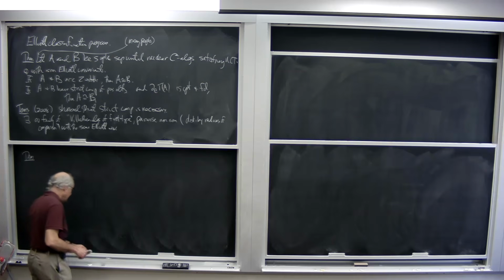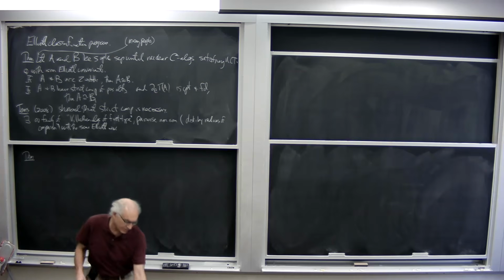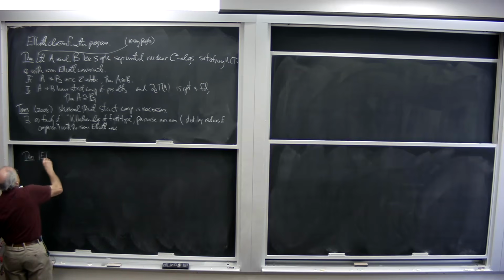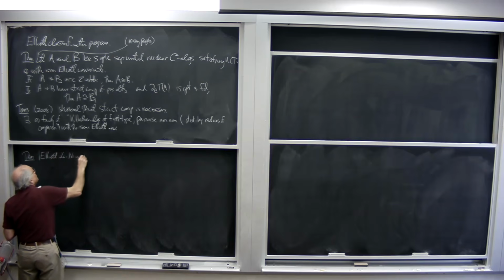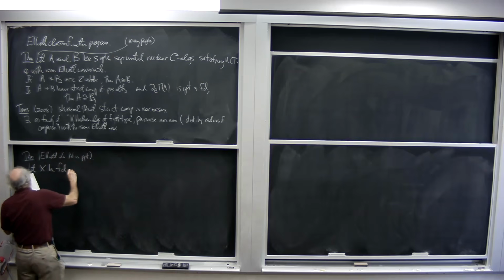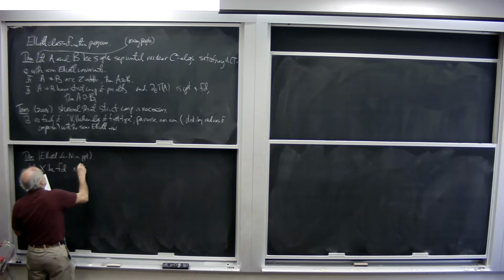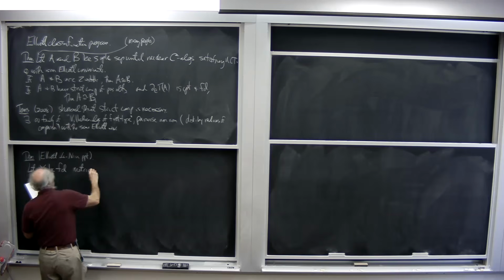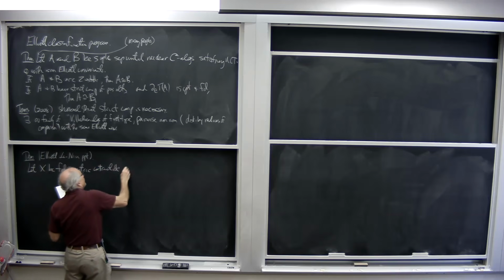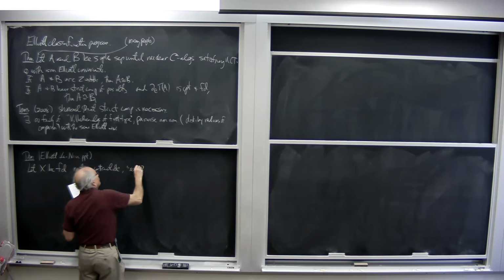So here is the theorem. This is Elliott, Li, and Niu. Preprint. And it says this. So here's the particular case I want. Let X be finite dimensional metric contractible and something they called solid, for lack of a better term.